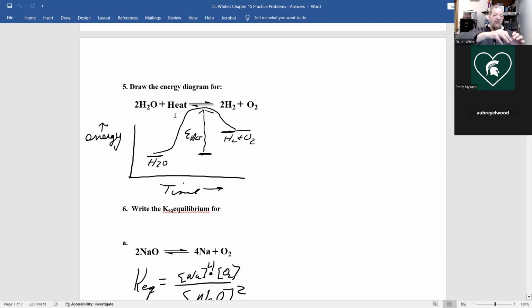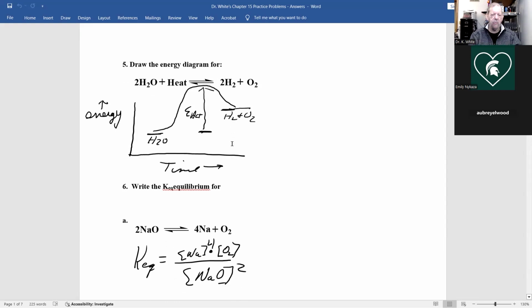Anyways, so water will have less energy, remember Y energy, X time, than the hydrogen and oxygen, which is higher energy. And the activation energy is from where you start to the top of a little hill, which you have to do to get to the products.